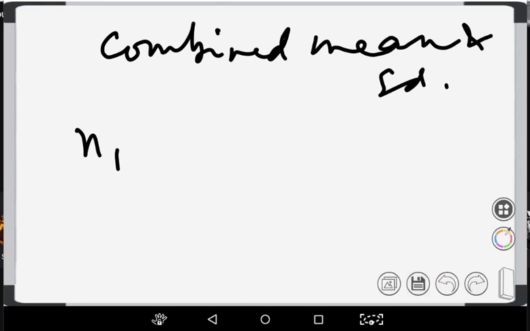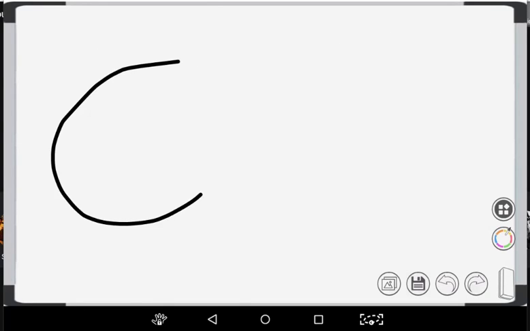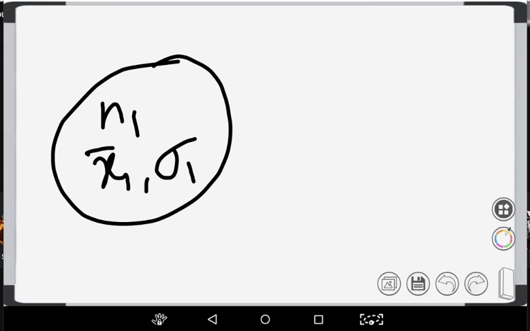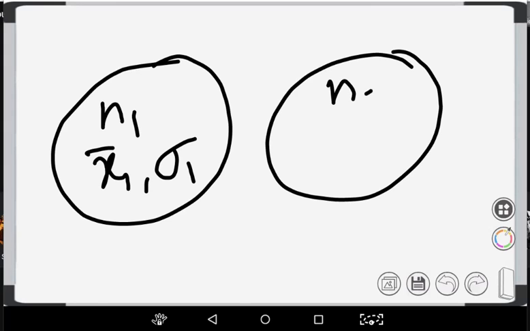Suppose we have two groups. One group has number of elements N1, mean x1 bar and standard deviation sigma 1. Another group has number of elements N2, mean x2 bar and standard deviation sigma 2. Is it okay?